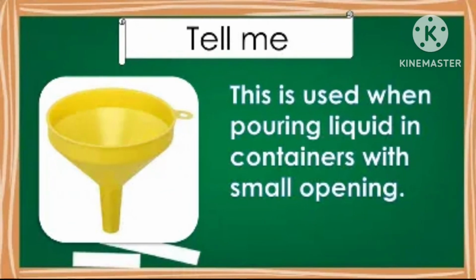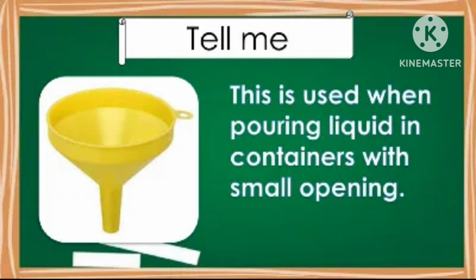This time, we have another activity. This is entitled TLE. You're going to tell what object that I'm going to describe. Ready? Come on, let's begin. This is used when pouring liquid in containers with small opening.